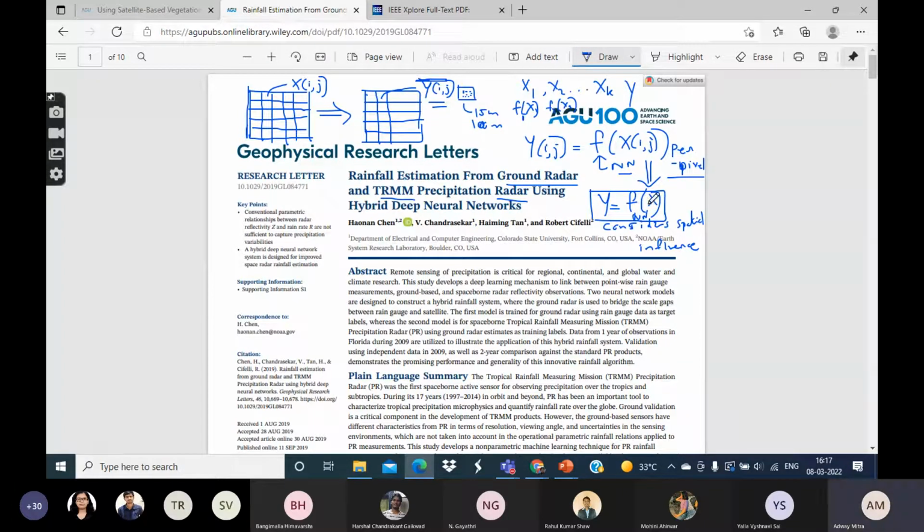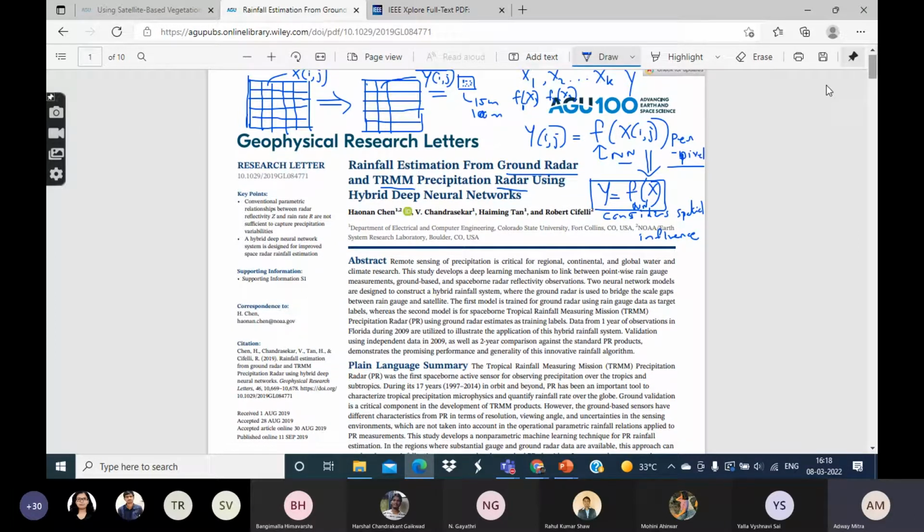Okay, so let us come to this work. As the title says, it is rainfall estimation from ground radar and TRMM precipitation radar using hybrid deep neural networks. As the name suggests, there are ground radars, which are rainfall measurement radars set up on the ground, and then there is TRMM, the Tropical Rainfall Measuring Mission.